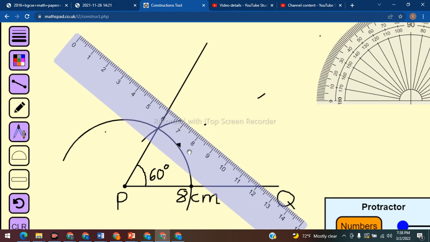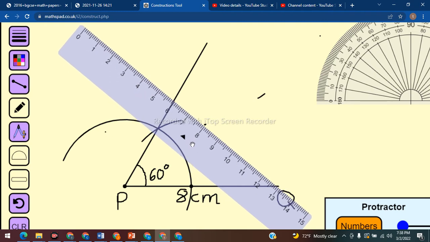Okay, so let's do it. I want to start from the beginning. So let's start from here. Let me increase it a bit more, and we've got to increase this also to get a good angle there.